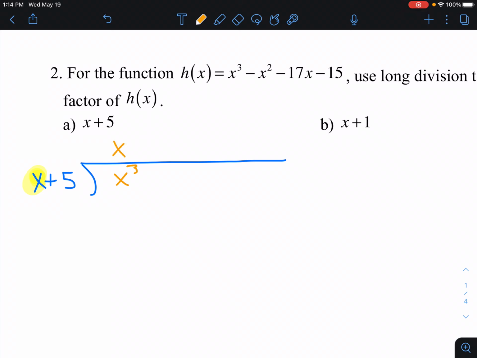So we'll put the x squared up above. Up above is where we start putting our answer. And now we're going to multiply x squared times x to get x to the third, and x squared times 5 to get 5x squared. And then we're going to subtract it, just like old school elementary long division.